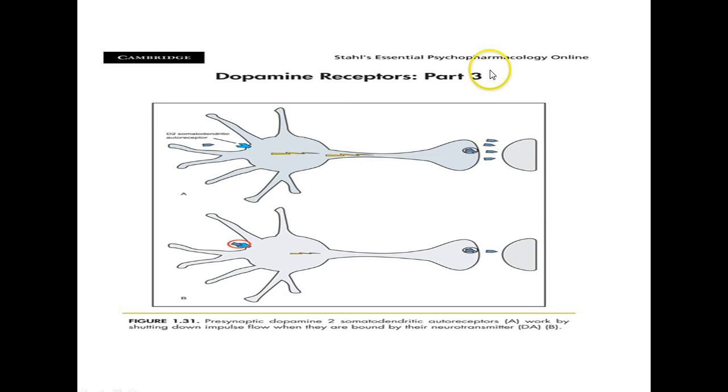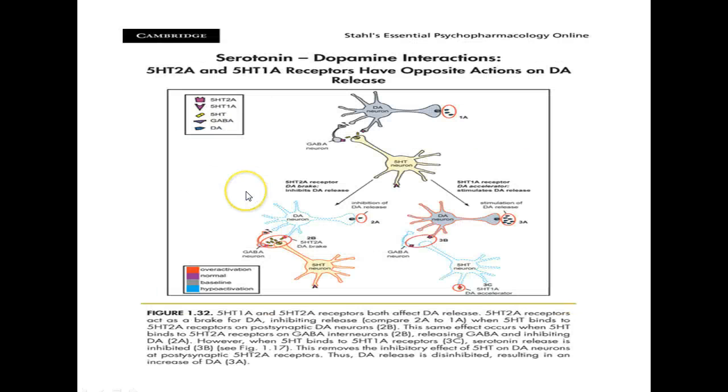The other is the D2 dendritic autoreceptor; if dopamine occupies those D2 autoreceptors, then again you see a paucity of release. So now we have two brakes on dopamine: one at the presynaptic level, the other at the neuron cell body. There are two brakes, so to speak, available.